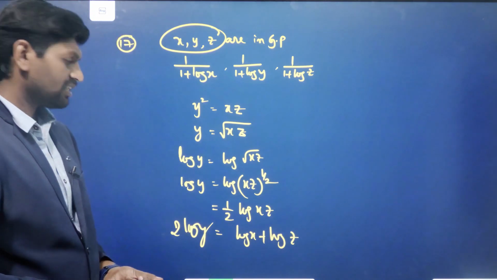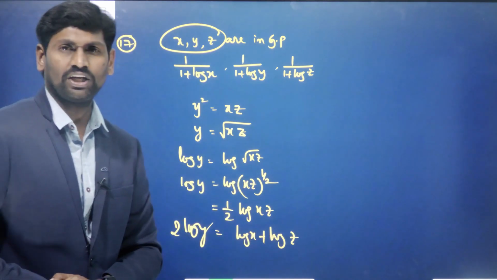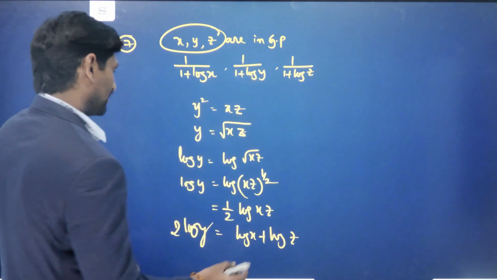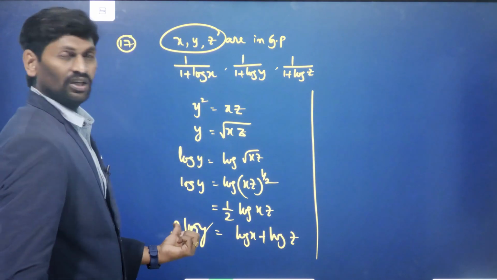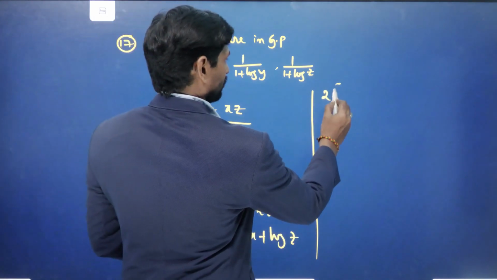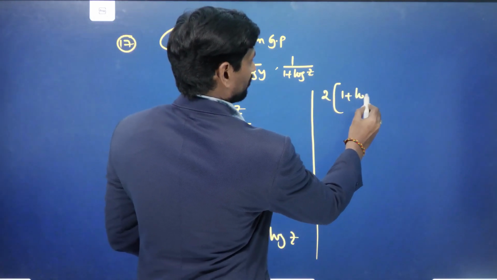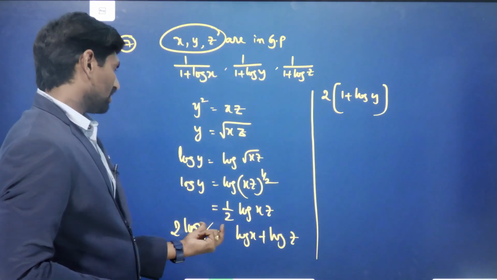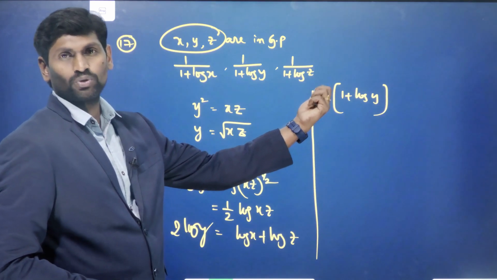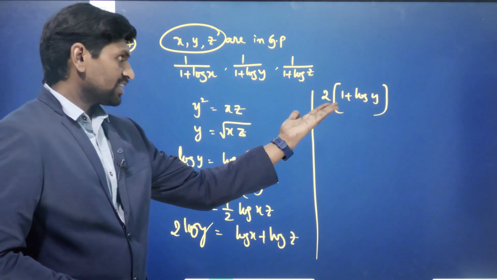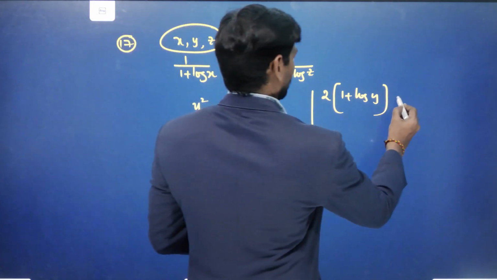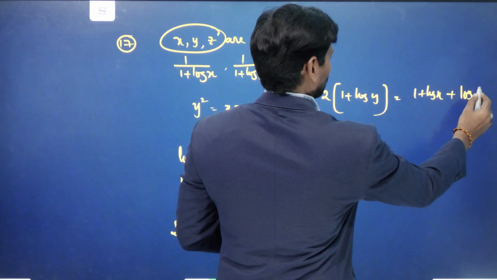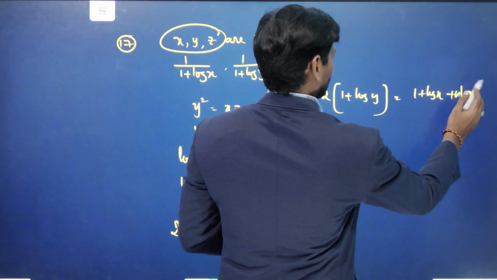Try to apply the 1 on both sides. Continue here only. So we should get 1 plus log y: this is 2 into 1 plus log y. That means the two ones are 2 we are adding here. If you add 2 here, it is 2 plus 2 log y. I am just taking the common term 2. This will be 1 plus log x plus 1 plus log z.